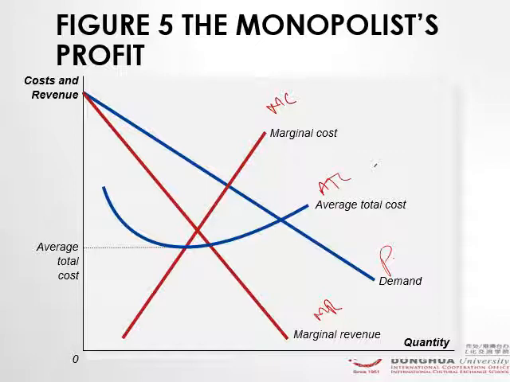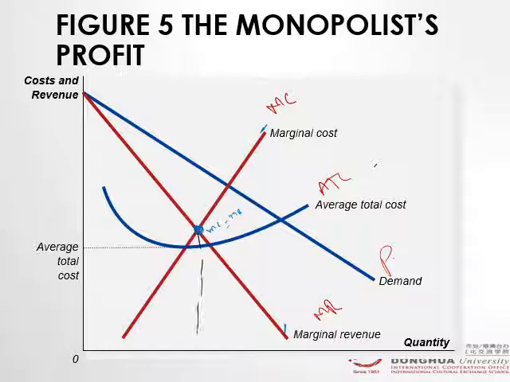Profit is maximum where MC is equal to MR, so this is MC, this is MR, and the intersection is here. MC is equal to MR, right?